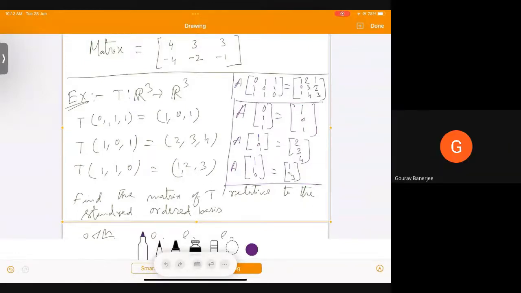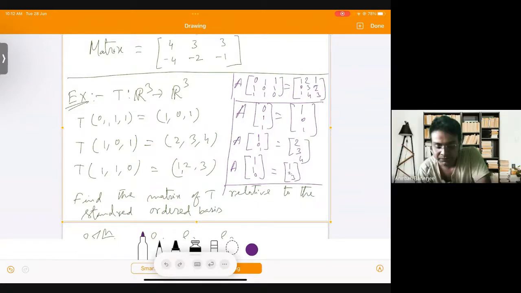Sir, you can combine these three equations to form that. Yes, you can write this one. Now your question is how to figure out the inverse of that.